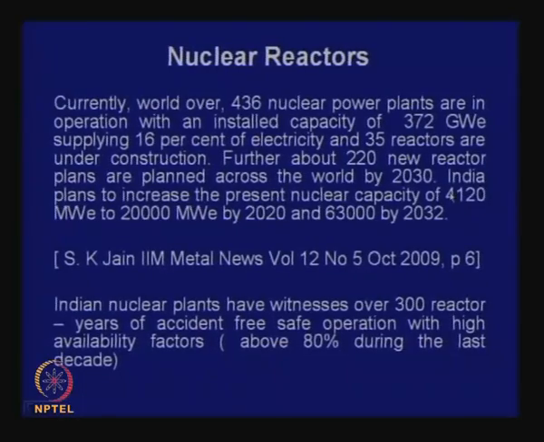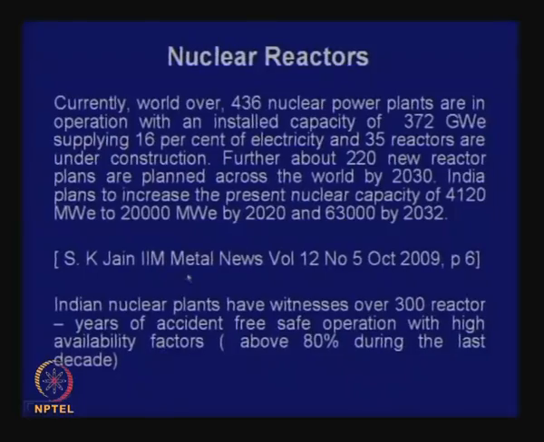That is a very tall order, and in another 10 years, we want to increase it by 5 times. So, there is not much time. In 10 years time, it will increase by 5 times, and in 23 years time by 15 times. That is the plan.